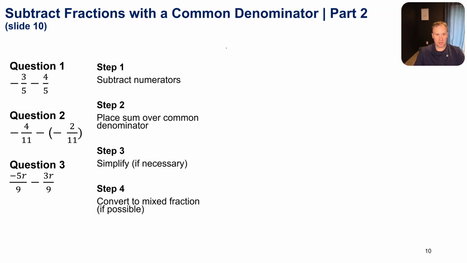Going to question number 2 now, I have negative 4 over 11 minus negative 2 over 11. Again, I notice that they have a common denominator, so I can really just isolate and subtract the numerators. There's a lot of negatives here. I have negative 4 minus a negative 2.